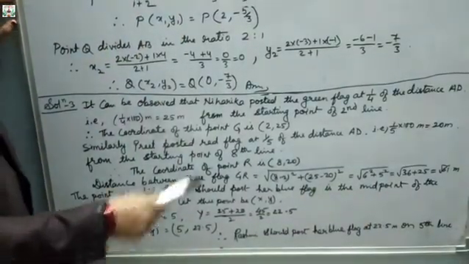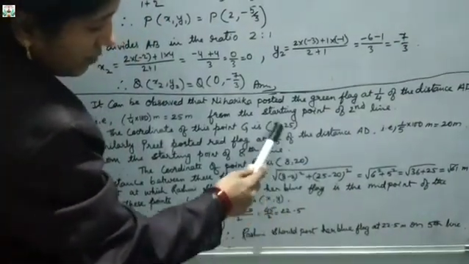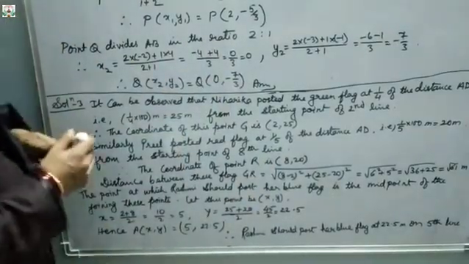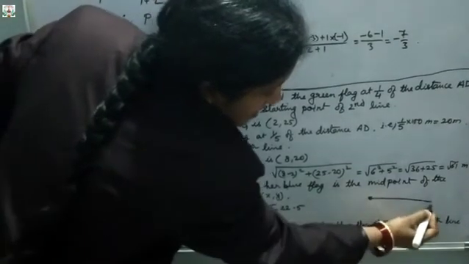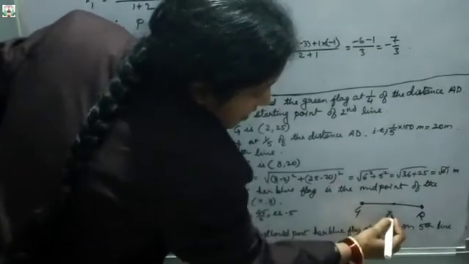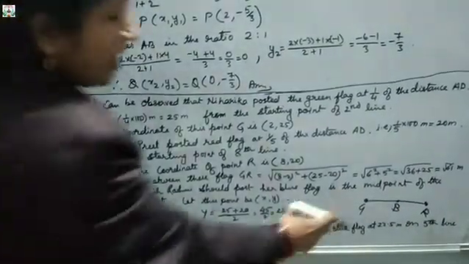The point at which Rashmi should post her blue flag is the midpoint of the line joining these points. Between these two points she is posting. Suppose here the line is given, here G is there and here R is there. So the blue flag will come just in between, the midpoint of this. So how will you get the midpoint?